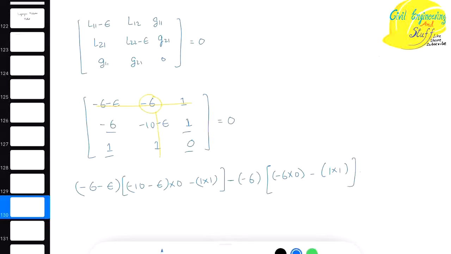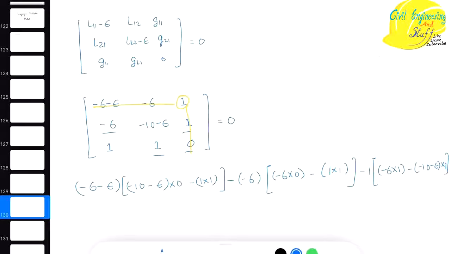Then again minus, so this time we'll have minus 6 into 1, minus 6 into 1, minus 10 minus the function into 1.